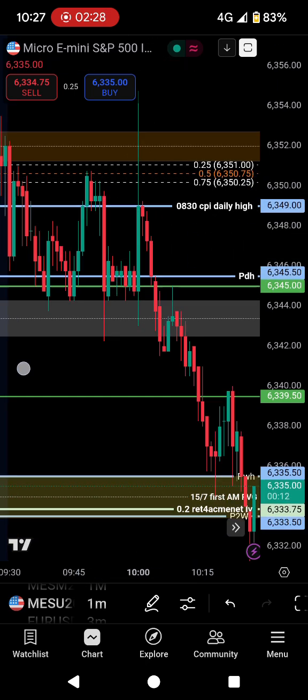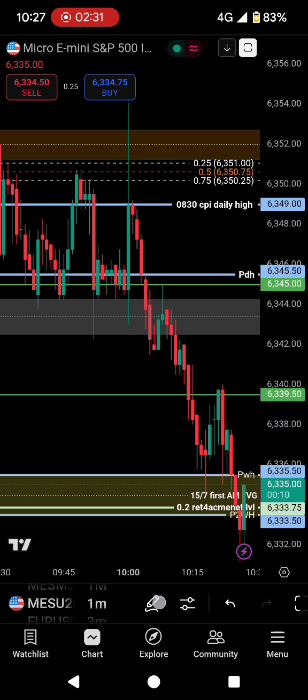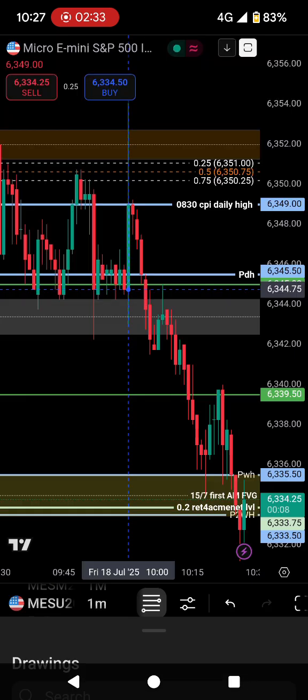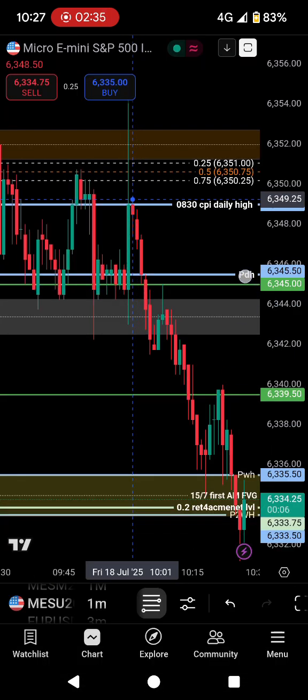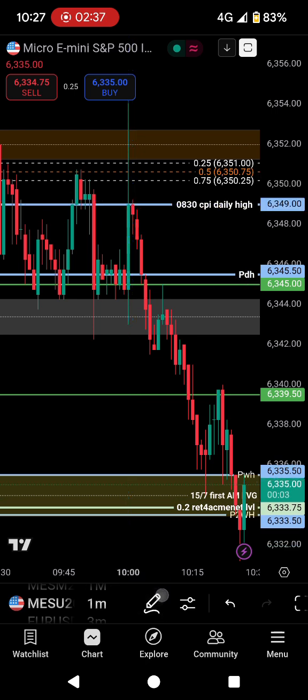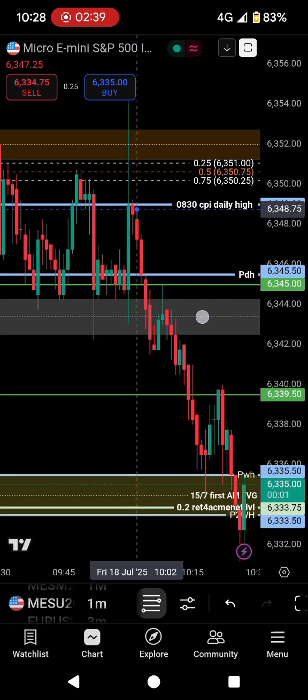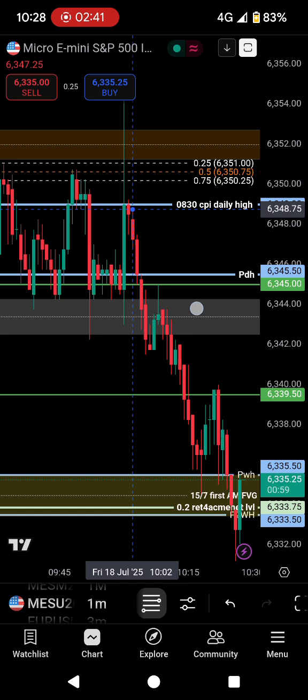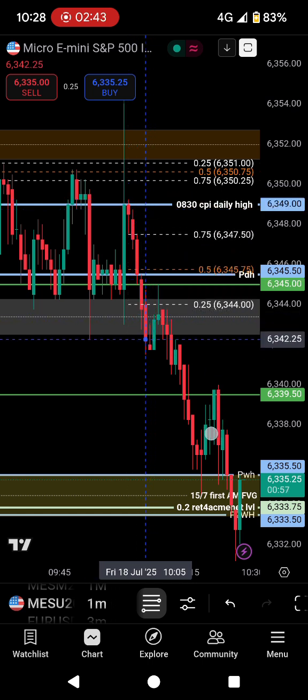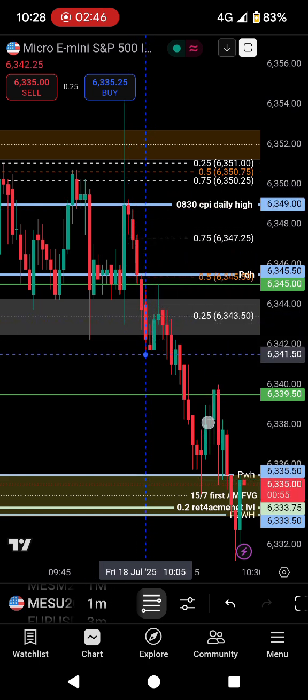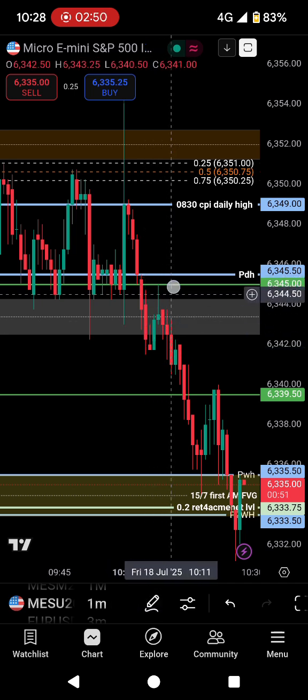No. Let's see, did we retrace into a premium before going lower? From here down to here, we didn't even touch premium, but we had a CB here, an order block.